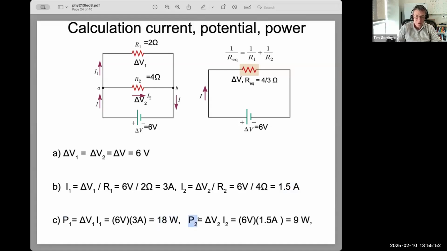Power dissipated in resistor number 2, again, we just multiply the voltage across it by the current through it. That's V2 I2. V2 is that same 6 volts multiplied by 1.5 amps. That's 9 watts. So we're dissipating 9 watts from electrical energy to heat energy in the second resistor R2. And so we've solved the problem.